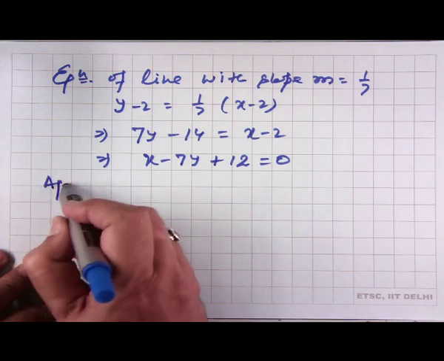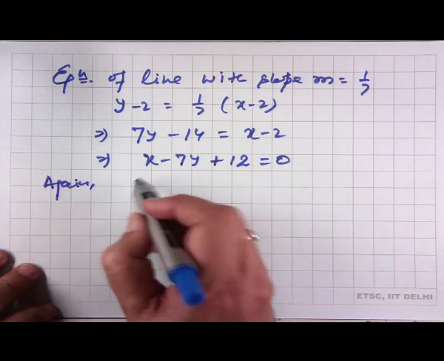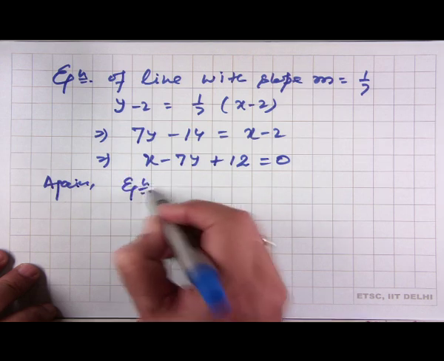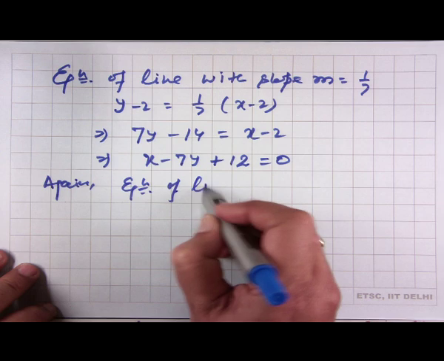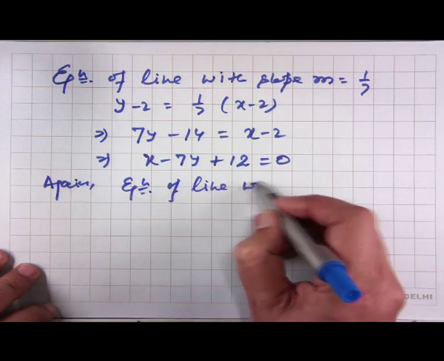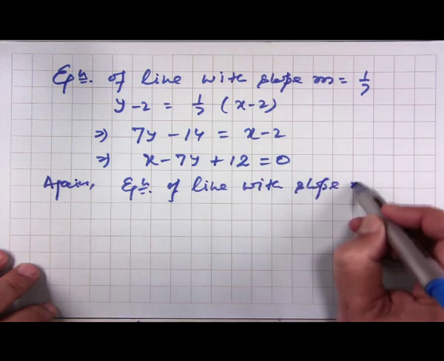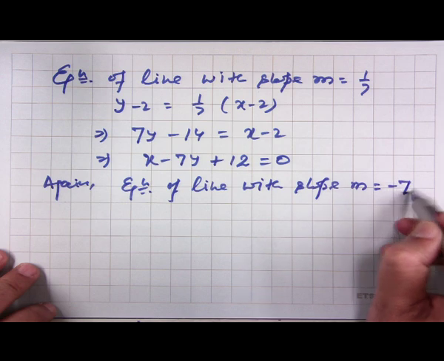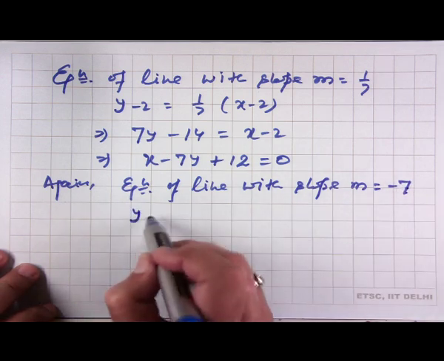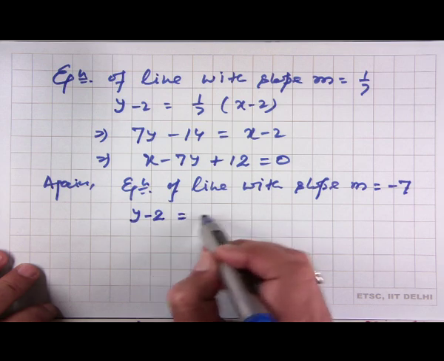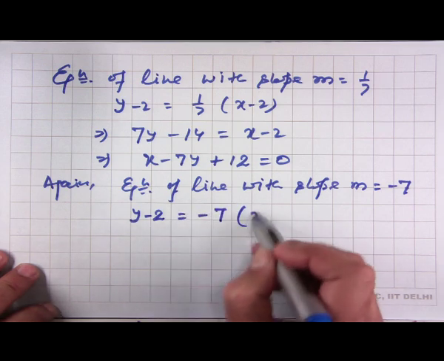Again, the equation of the line with slope m equal to minus 7. So y minus 2 is equal to minus 7 into (x minus 2).